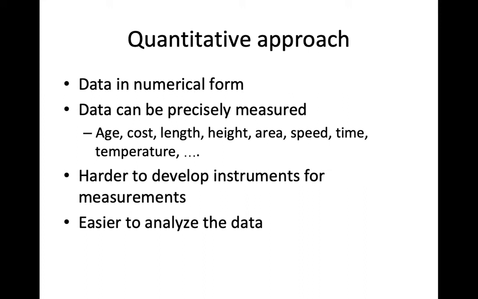The data will be such that they should be precisely measured. Such data can be age of people or animals, cost of products or programs or something else, length of anything that you can measure in length and height and area, speed, time, temperature. All these are precise data because they are expressed in numbers.